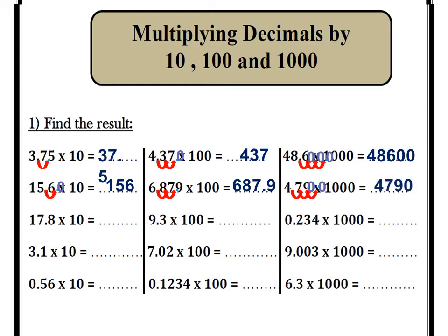So it is going to be 4,790. As you can see, any number is becoming bigger.